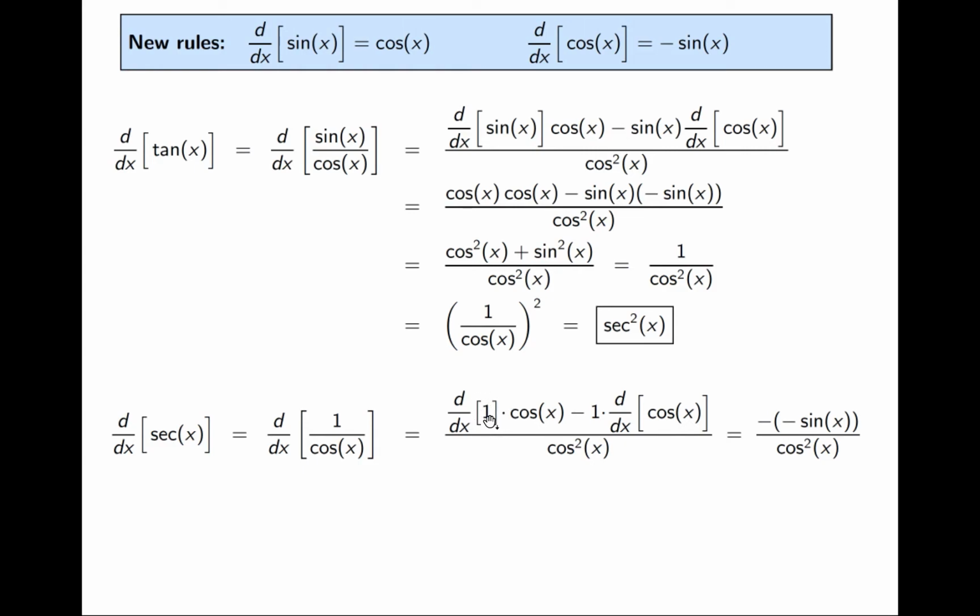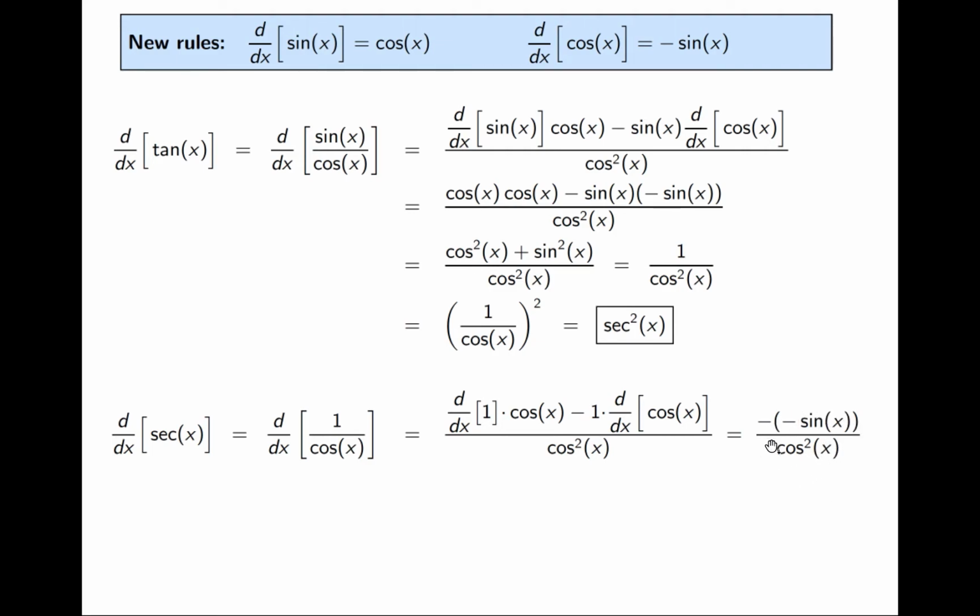Now the derivative of 1 is 0, so this first term drops out, and we're left with negative the derivative of cosine of x, or negative sine of x, negative sine of x over cosine squared x.